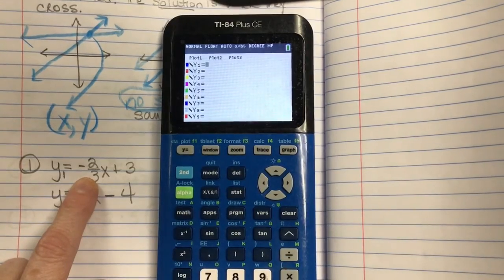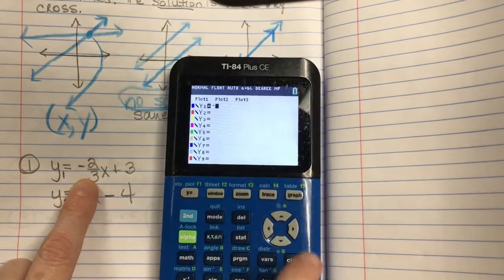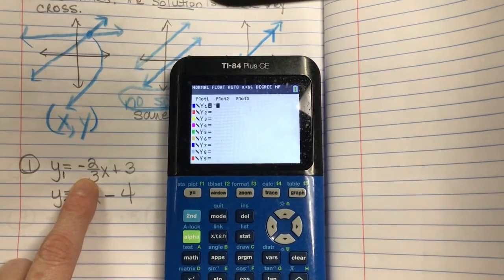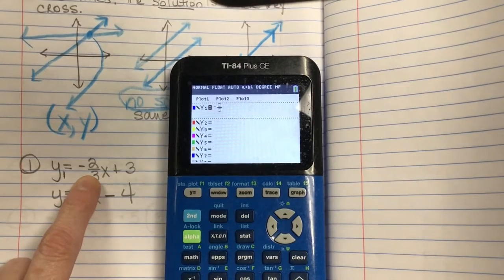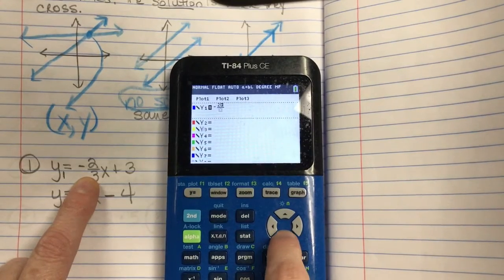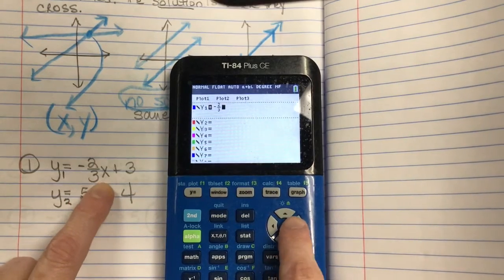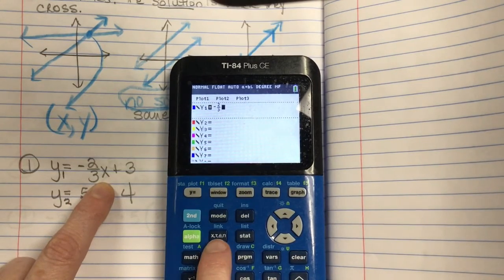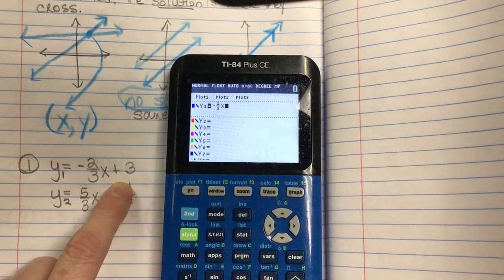Now remember, a negative is not a minus. So put your negative, and then how do I get the fraction key? Shortcut is alpha x, and you 2, and then to get to the bottom, you put the 3, and then arrow over, and then the x is this key right here next to the alpha, and then plus 3. Okay, everybody type that.